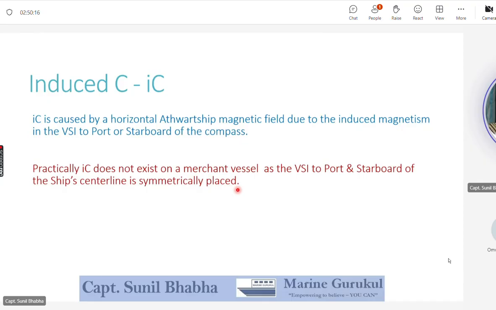If it is a very small structure and far from the compass, even a structure on one side may not have a substantial IC.